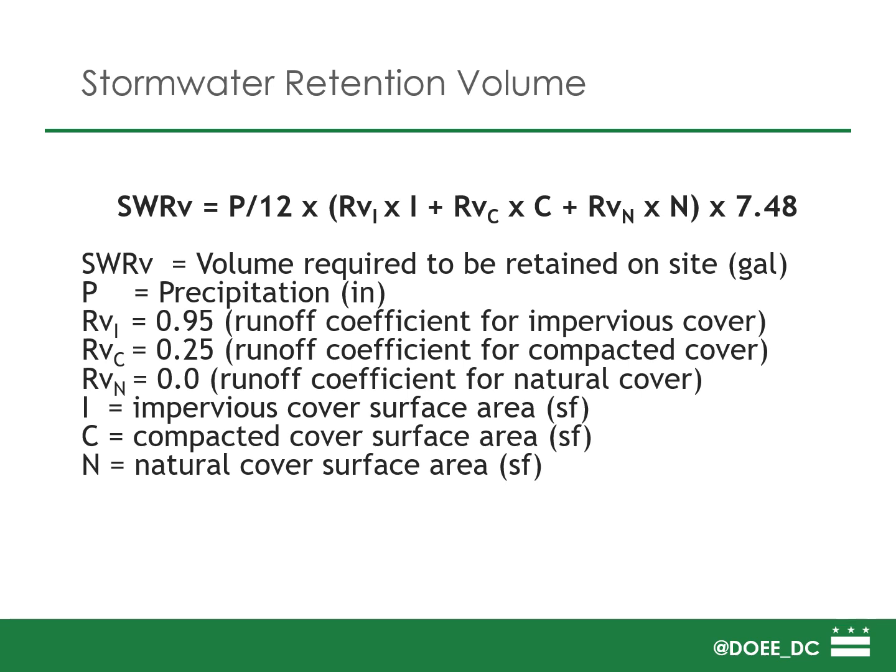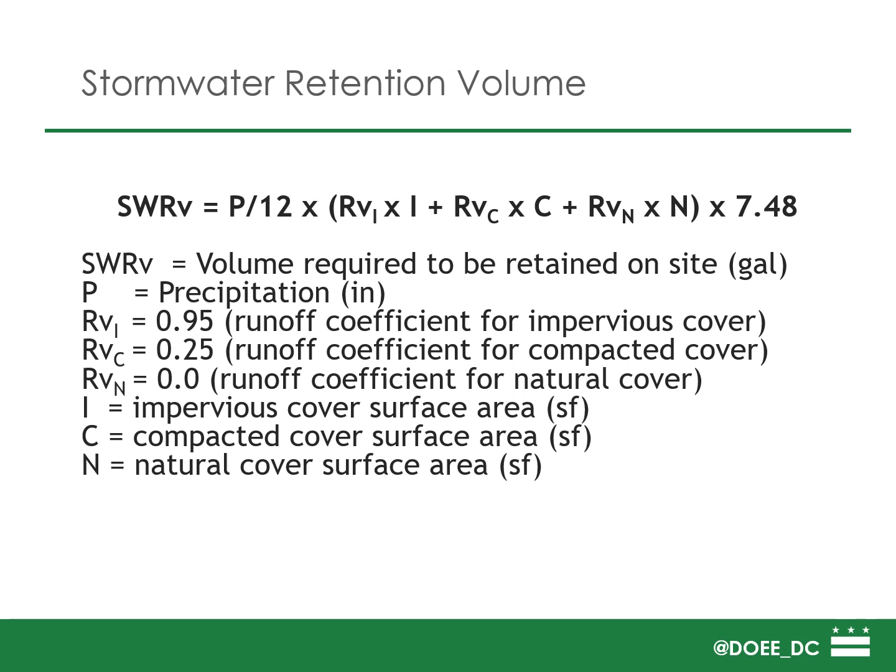Right? And then compacted cover is everything in between. So this is generally turf areas, lawns, any compacted urban soils might have mulch on it, that sort of thing. And it's assigned a runoff coefficient of 0.25, right? So about a quarter of the precipitation that lands on the compacted cover translates into runoff, according to this formulation here.